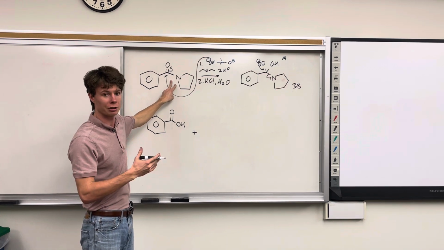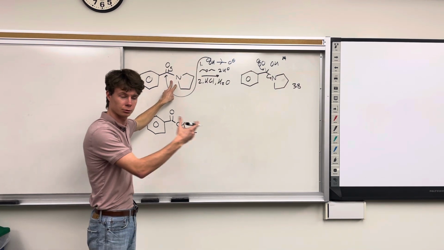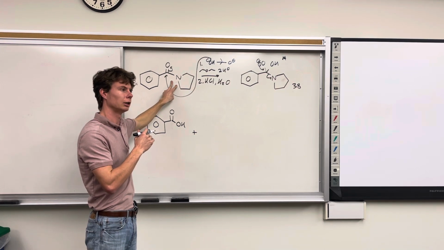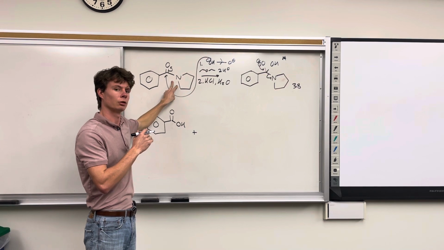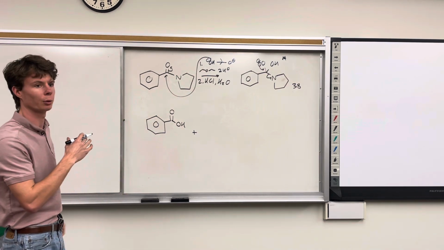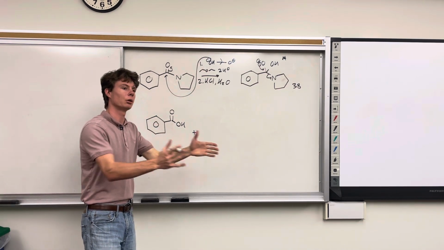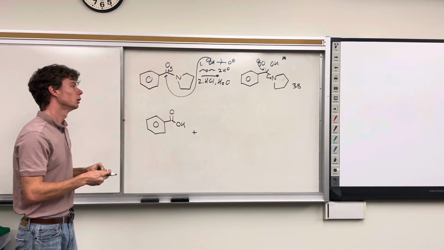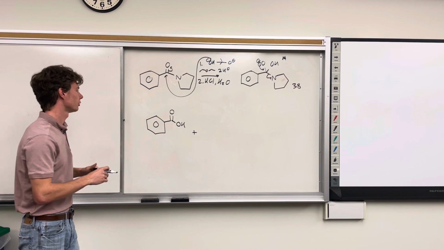So saponification, we went from ketone to carboxylic acid. Oh, sorry, no, that was haloform. But still, haloform, ketone to carboxylic acid. Now we can go amide to carboxylic acid. So potentially good things to know for synthesis.